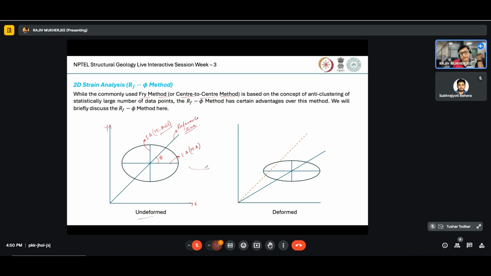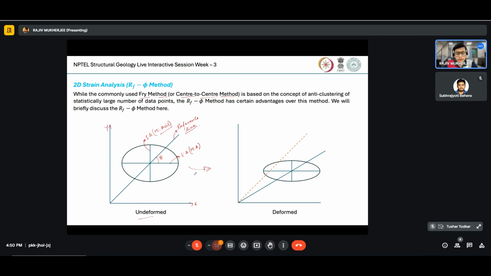Now we have imposed a certain deformation into this material. If the deformation is asymmetric, then there is a high chance that the deformation is non-coaxial. Certainly it is non-coaxial. Also, it is under the influence of subsimple deformation or subsimple shear.